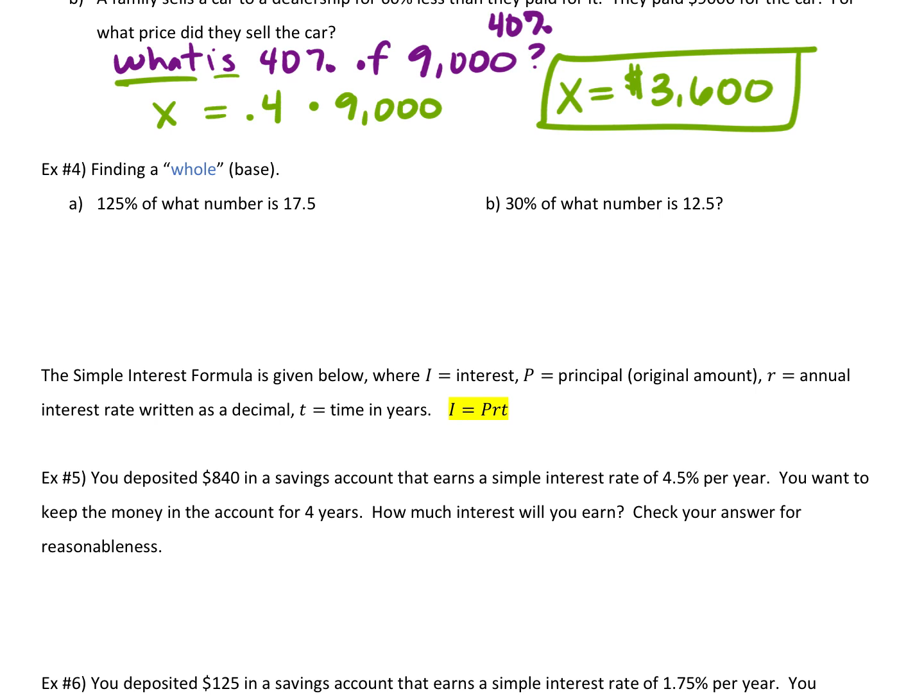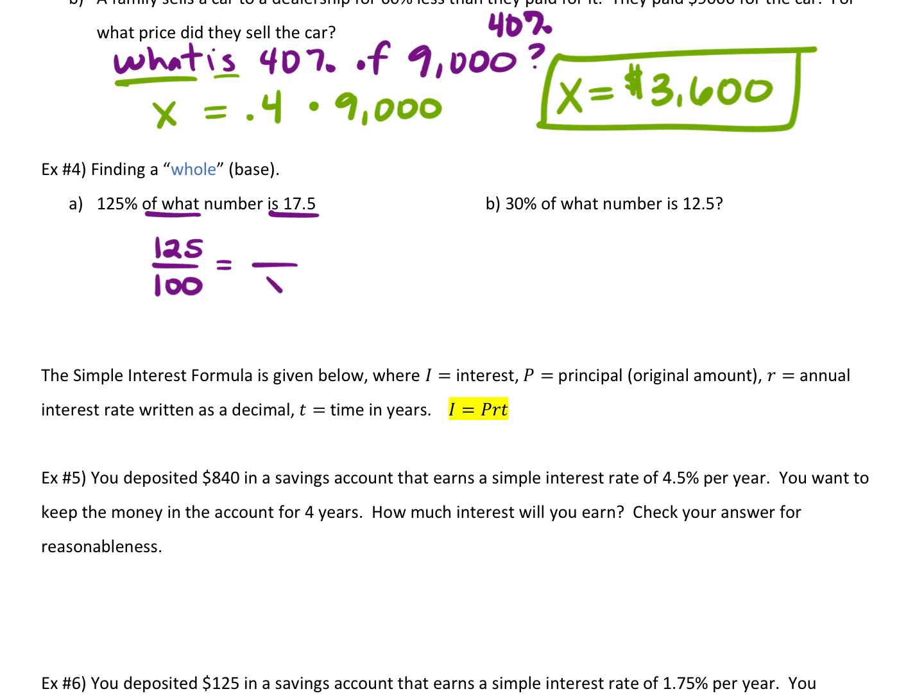Okay, so finding a whole, finding the base, finding the "of" portion. This first one says 125% of what number is 17.5. So if we're going to set this up as a proportion, remember it's the percent, 125, always over 100, equals is over of.